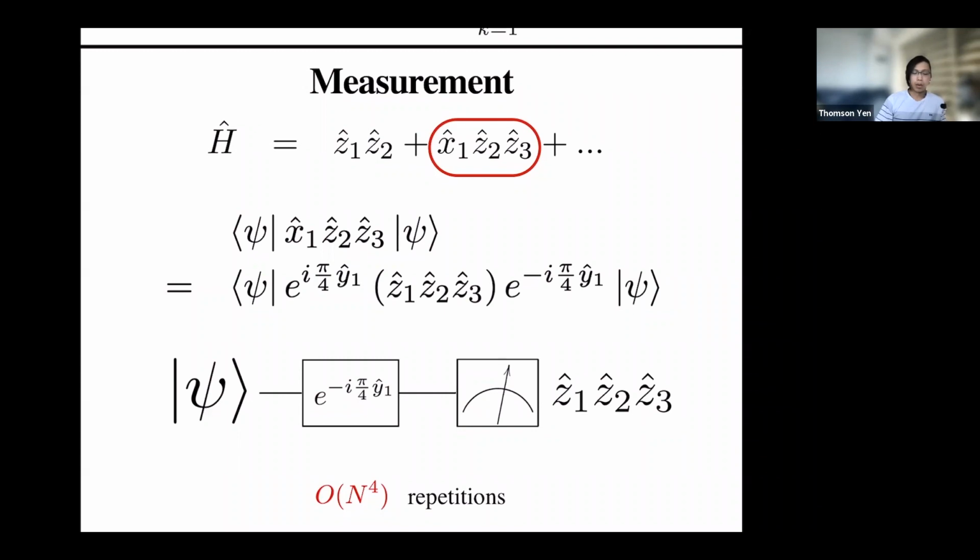And we said earlier that the total number of these Pauli operators scales with n to the 4. So you need at least n to the 4 repetitions of preparing the wave function psi and measuring on a quantum computer. And that is very inefficient.